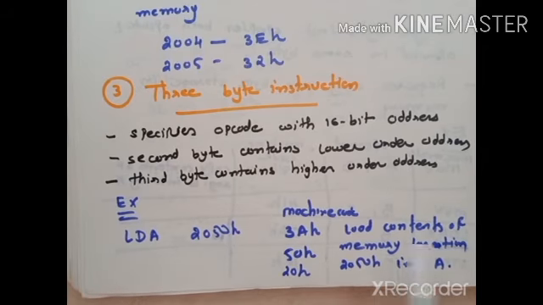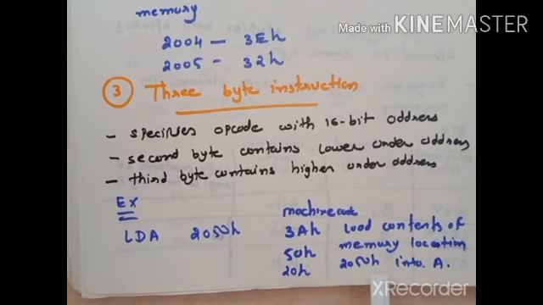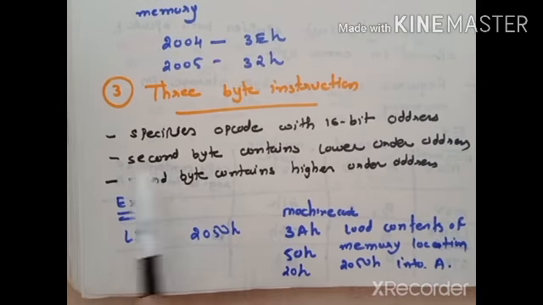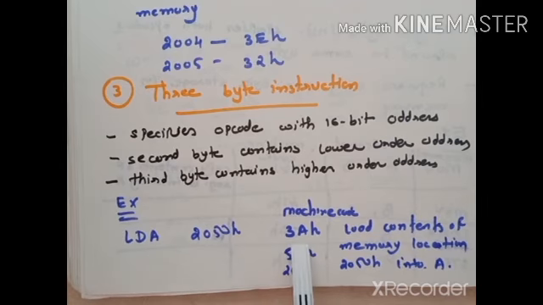That means load the content of memory location 2050 into A. This instruction requires 3 memory locations for storage. First stores the hex code of the LDA instruction, 3A. Then second the lower byte 50H and the higher byte 20H. That means it requires 3 memory locations for storage.